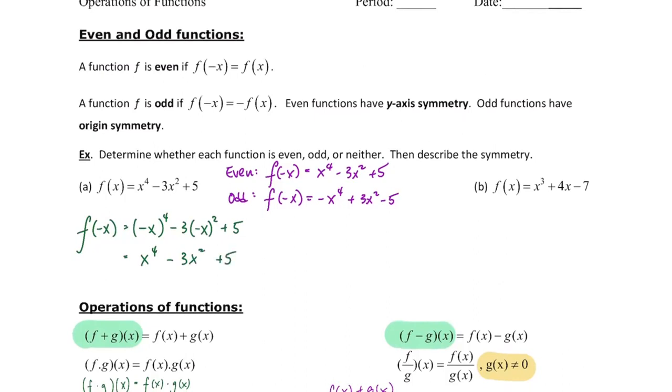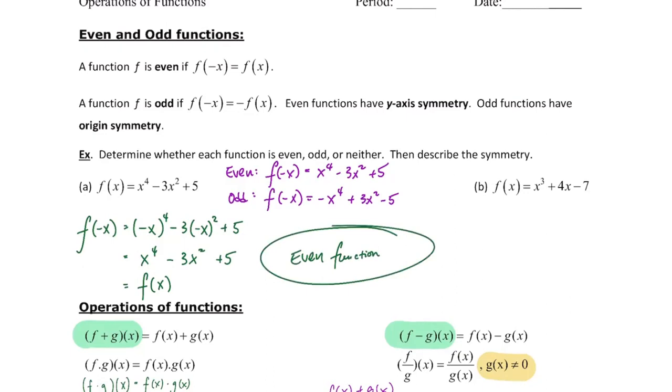So if I put negative x into x, f of negative x looks the same as f of x, x to the fourth minus 3x squared plus 5. So even though I didn't graph it, I have the ability to say that, yes, this is an even function, and it is reflected over the y-axis.